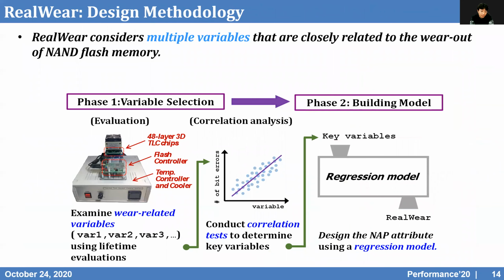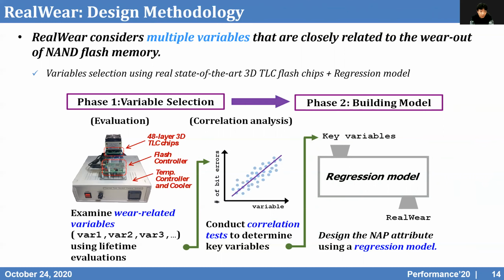To reflect various factors that affect the wear of NAND blocks, we design our new NAND aging marker, RealWear, using multiple variables that are closely related to the wear of NAND flash memory. RealWear was created in two steps: a variable selection phase and a model building phase.